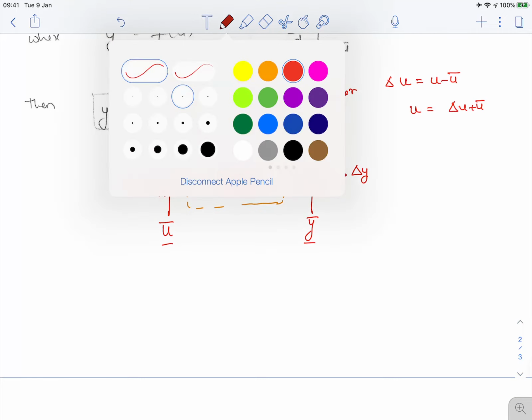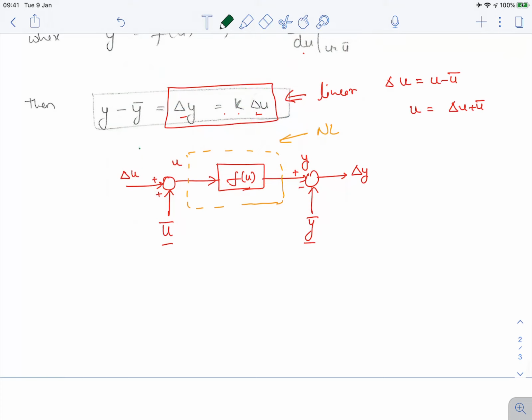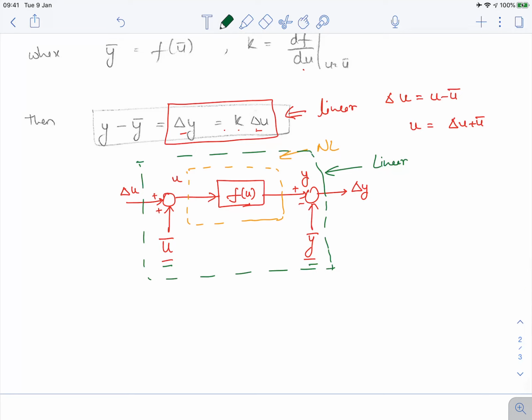Now if I see the map from delta u to delta y, this is now a linear function around this operating point u bar and y bar. Okay, so this is what we have done by using the Taylor series expansion, and this delta u and delta y are small signals around this operating point y bar and u bar. So this was the linearization process.